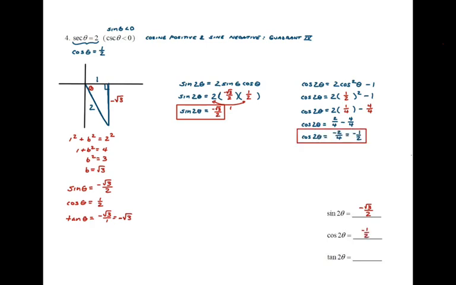or negative 1/2. And then lastly, looking for tangent of 2 theta, first write the double angle identity. Writing that at the first step every time is good practice, first to make sure you are putting things in the right place, but second, just helpful to keep these fresh in your mind. If you're writing them constantly and then evaluating them, there's a good chance you're going to be able to recall them when you need to.